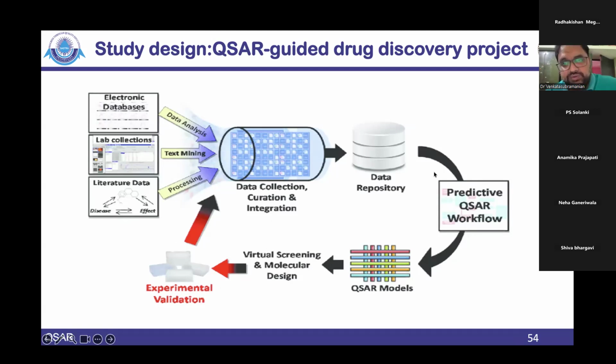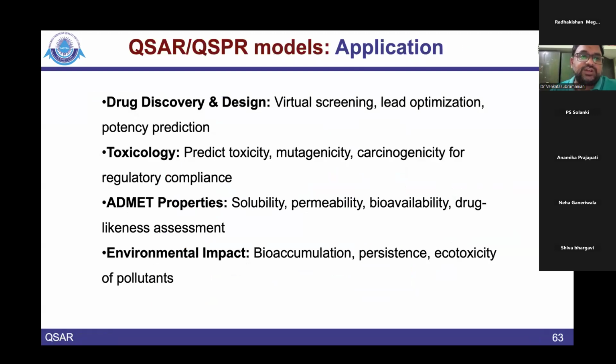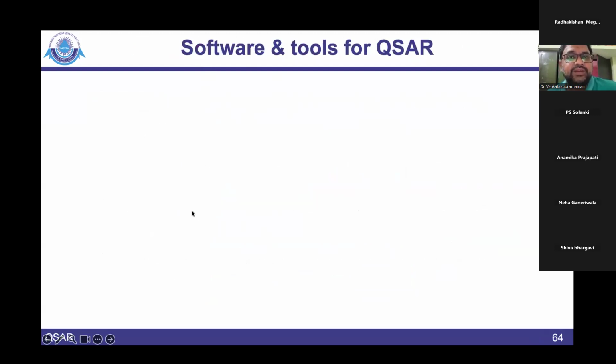There are a lot of open source tools that are used. QSAR applications are obviously used in drug design, toxicology predictions, ADMET predictions, and environmental impact. These are the main applications of QSAR.